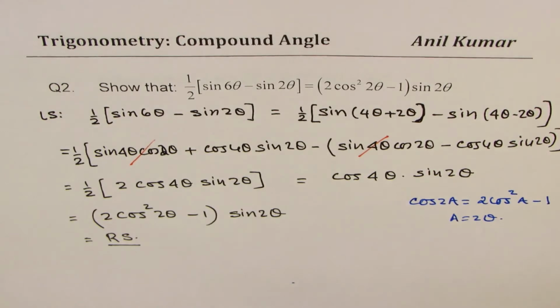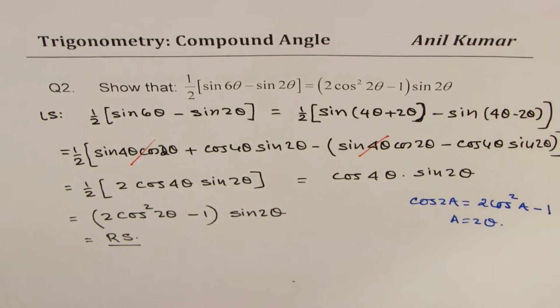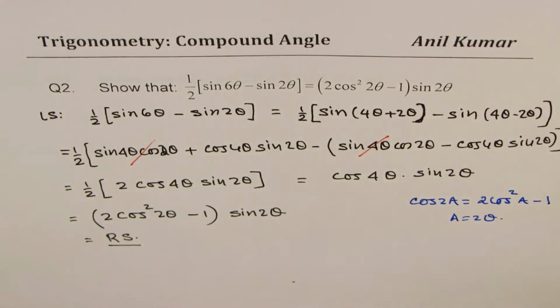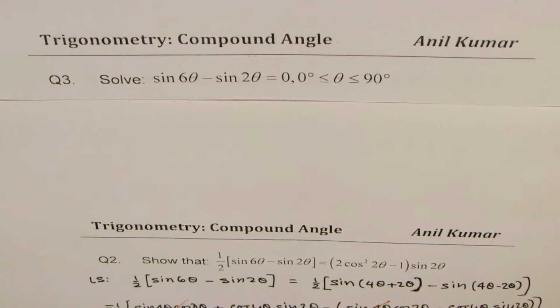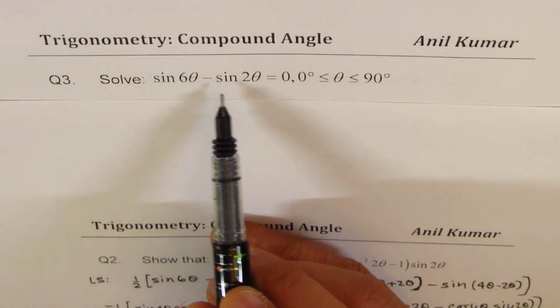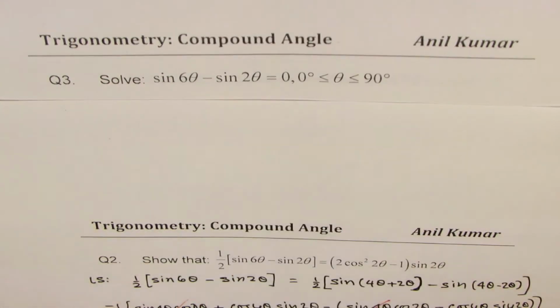Now let's get back to question number 3. In question number 3, it is related to this, since we are trying to solve the equation sine 6 theta minus sine 2 theta equals 0.